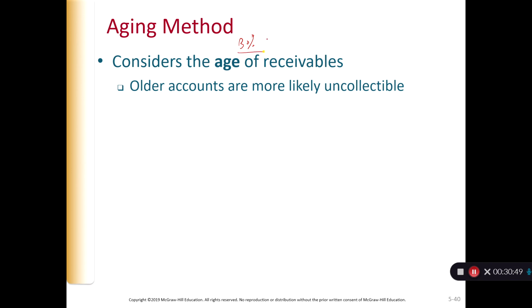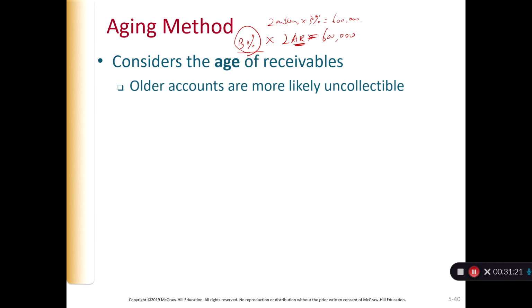Because they had 2 million outstanding and then multiplied by 30%, we got 600,000 uncollectible. So this is the percentage of receivable method. We have 2 million accounts receivable, and we apply the percentage of accounts receivable method.